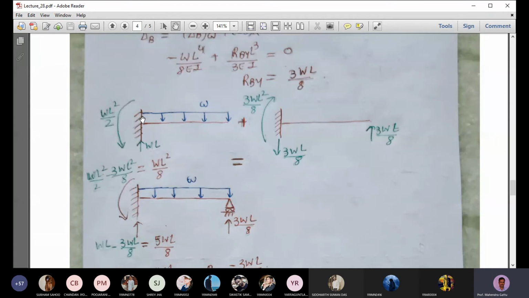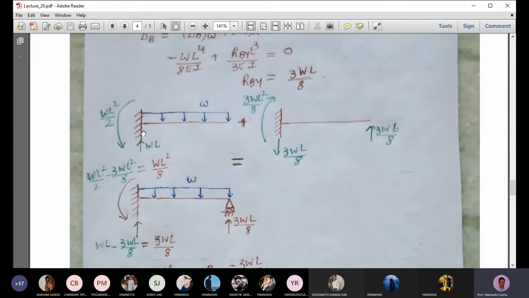If you allow the rotation, there will be no moment. But if you are preventing the rotation, there will be some moment coming. So if you have a simply supported beam, the pinned connections are allowed to rotate, so there are no moment reactions there.